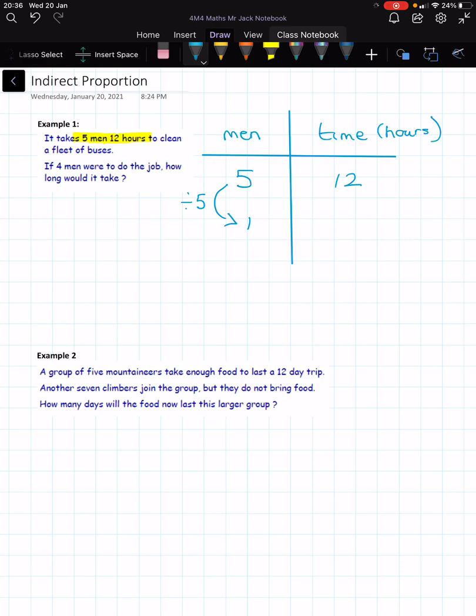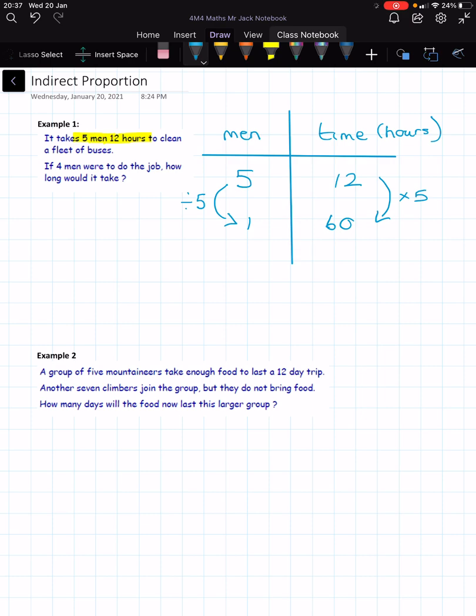Now think logically. If we reduce the number of people cleaning those buses, then obviously it's going to take longer. Well, that means we've got to multiply, because if we divide them, we've reduced the time, and that doesn't make sense. The less people, the more time it's going to take. So what we're saying here is actually it would take one person 60 hours to clean a fleet of buses. Don't fancy that job myself.